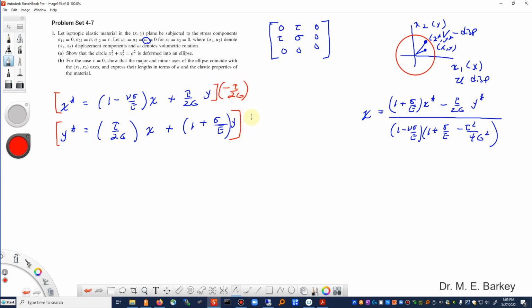And I'm going to multiply the bottom equation by 1 minus nu sigma over E. I'm going to add them together. And keep a close eye on my algebra.